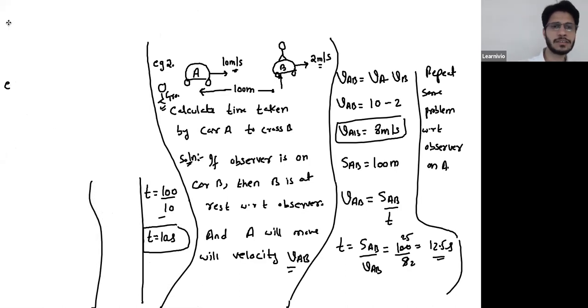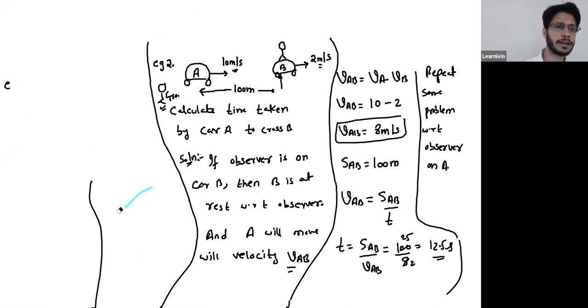Just report your answers in chat room, whatever answers you are getting by placing your observer on car A. Place your observer on car A, repeat the calculation and report your answer in chat room. Even if it is negative, positive, whatever you are getting, just put your answer in chat. That answer will give me an idea what mistake you made.